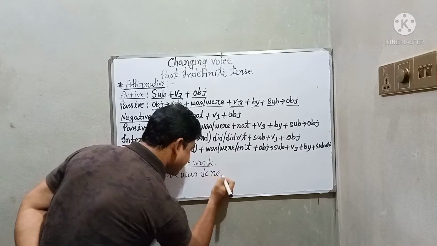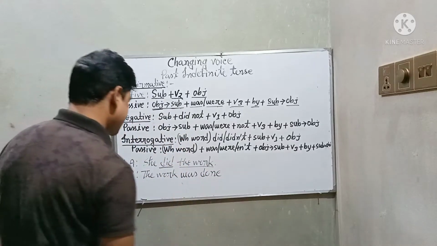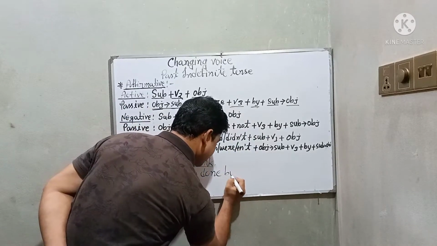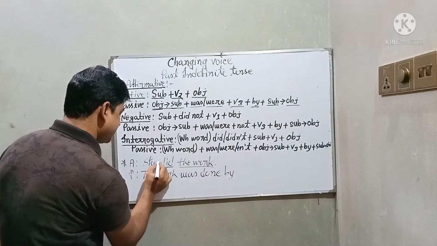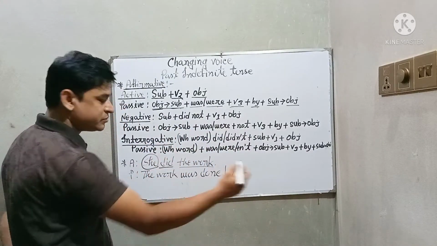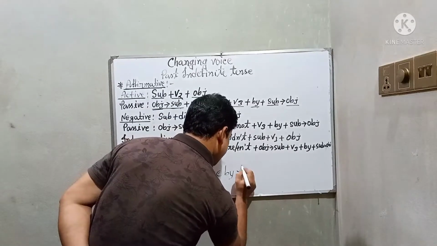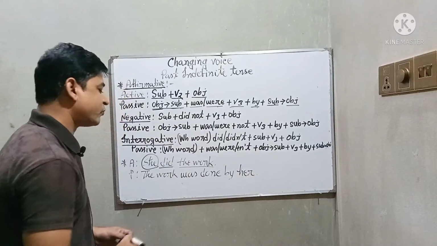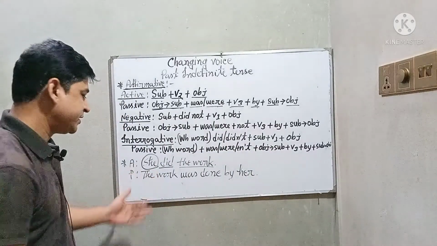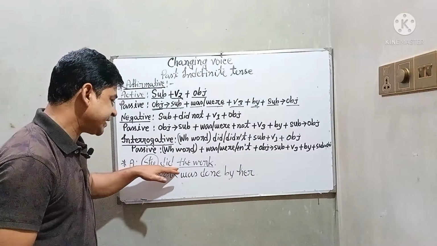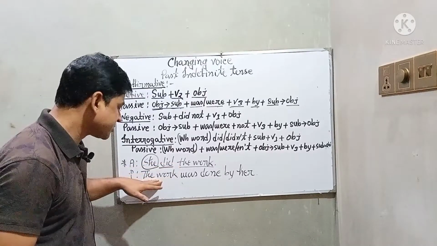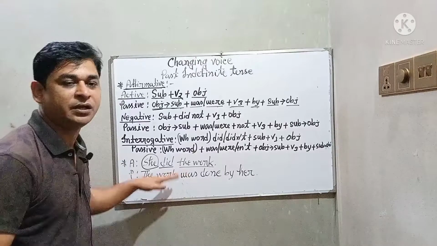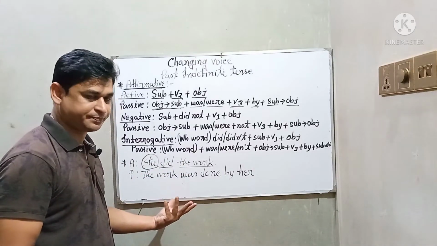Done. Do, did, done. Then you have to use by, then you have to convert your subject to object. She will be her. Okay, the work was done by her. The first sentence is according to past indefinite tense. It is also according to past indefinite tense, but this one is in passive voice.